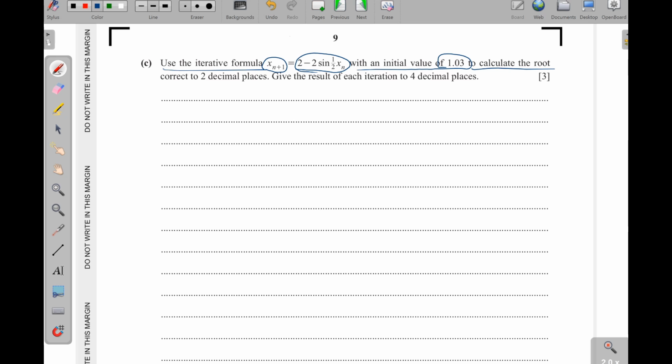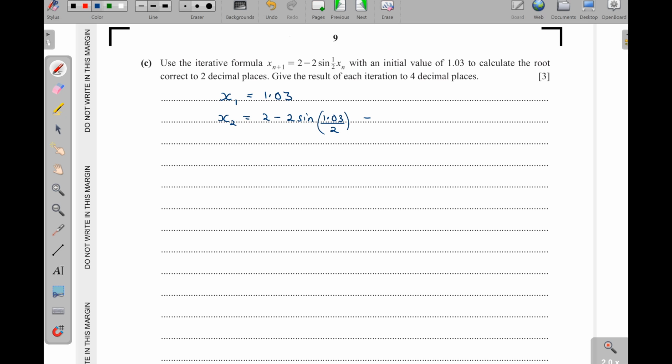To calculate the root, correct to 2 decimal places, give the result of each iteration to 4 decimal places. Okay, so now our x1 is equal to 1.03. What is x2? We shall substitute in here 2 minus 2 sine of 1.03 over 2.